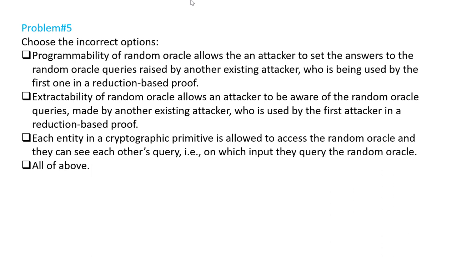The second statement says extractability of random oracle allows an attacker to be aware of the random oracle queries made by another existing attacker who is used by the first attacker in a reduction based proof. The third statement says each entity in a cryptographic primitive is allowed to access the random oracle and they can see each other's query, that is on which input they query the random oracle. So all these are about properties of random oracle that we define.